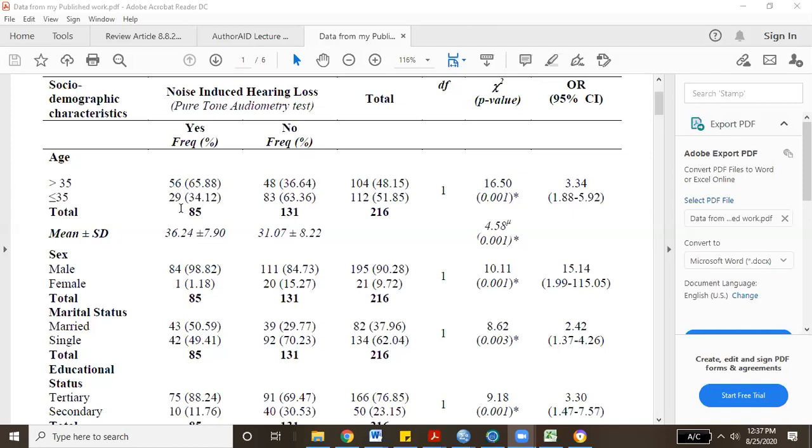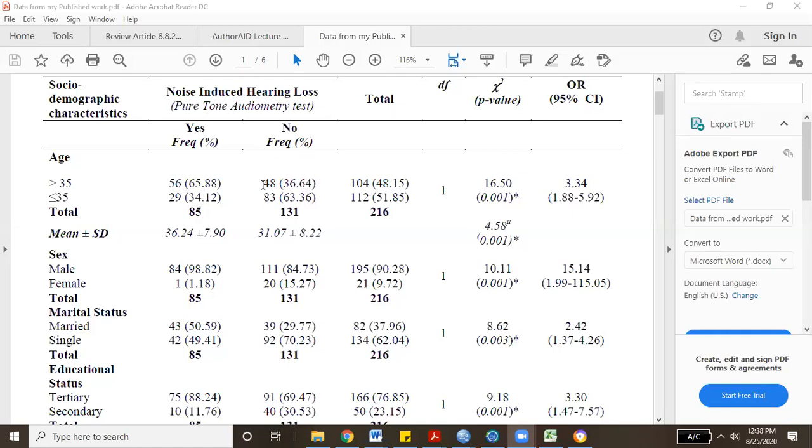Okay, and when the prevalence of those that have noise-induced hearing loss was dichotomized, you can see that for those older than 35 years, 56 out of the 85 had noise-induced hearing loss, which is 65.88%. And 34 out of the 85 had noise-induced hearing loss for those that are 35 years and below. So you can see from this data that respondents older than 35 years had more noise-induced hearing loss compared to those that are 35 years and younger.